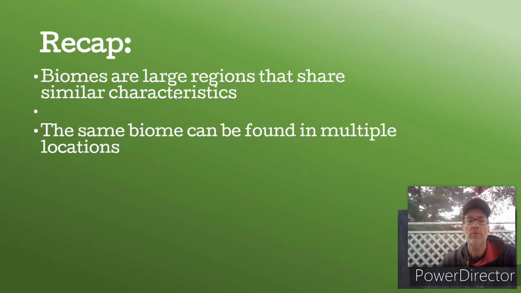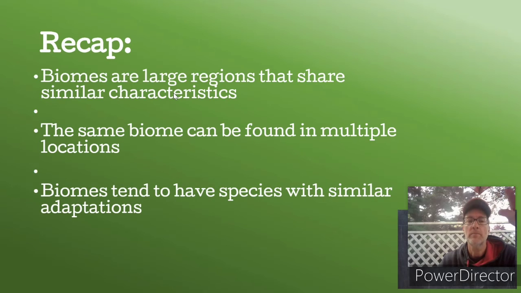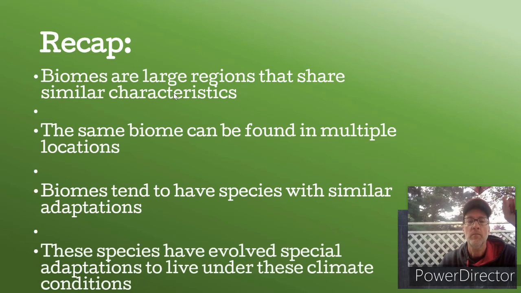The same biome can be found in multiple locations throughout the world. Biomes tend to have species with similar adaptations, and these species have evolved adaptations to live under these climate conditions. All right, so I'm going to show you some examples to reinforce these concepts.